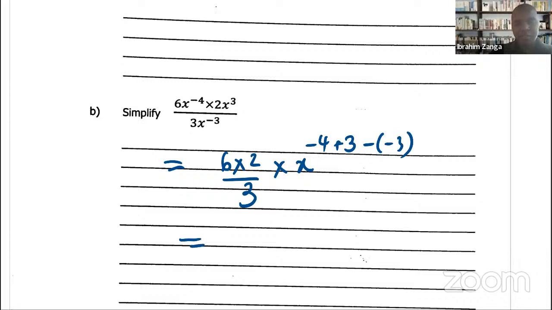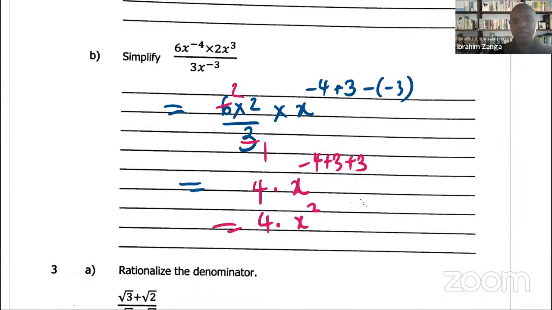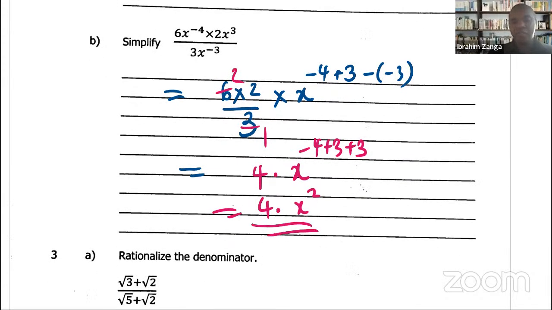So this is equal to, when you simplify here, by 3, 1, by 3, 2. So you have 4 times x power negative 4 plus 3 plus 3. You get 4 times x power positive 2. So eventually the answer is going to be 4x squared, dear students.